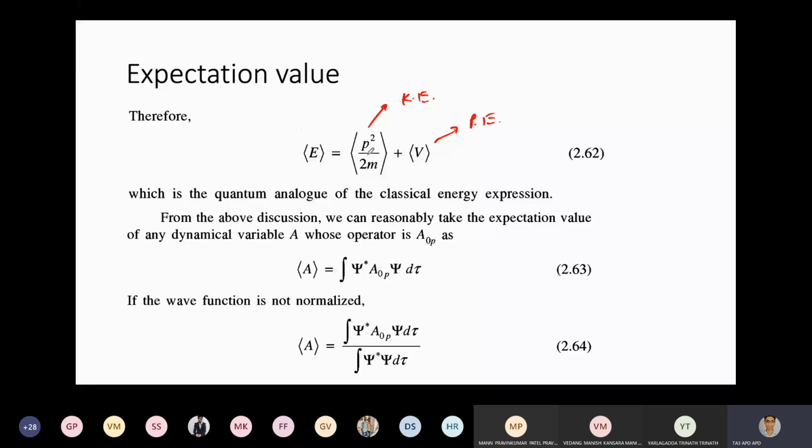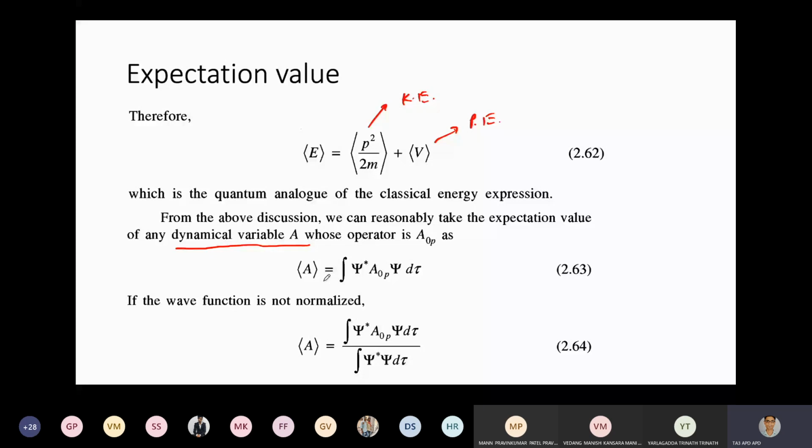Let us say one example I'm giving here, the dynamical variable A, and if you know the operator of this dynamical variable, denoted by A operator, then how do I find its expectation value? I just simply take the operator of this variable and sandwich it between psi star and psi, and I will take the integral. Okay, so the expectation value of A is nothing but the integral psi star A operator psi d tau. Okay, that is how we calculate.